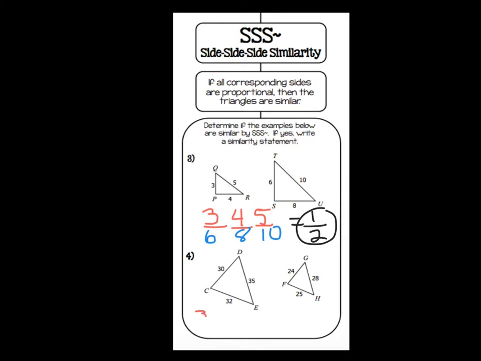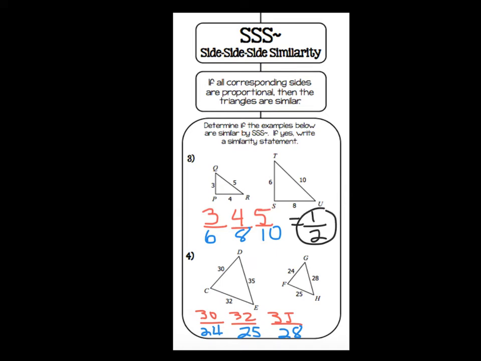So I'm going to do 30, 32, 35 for my first triangle, and I'm going to compare that to my second triangle in order from least to greatest: 24, 25, 28. Now what we want to do is simplify this to make sure they all have the same scale factor, because if they don't, then they're not similar.